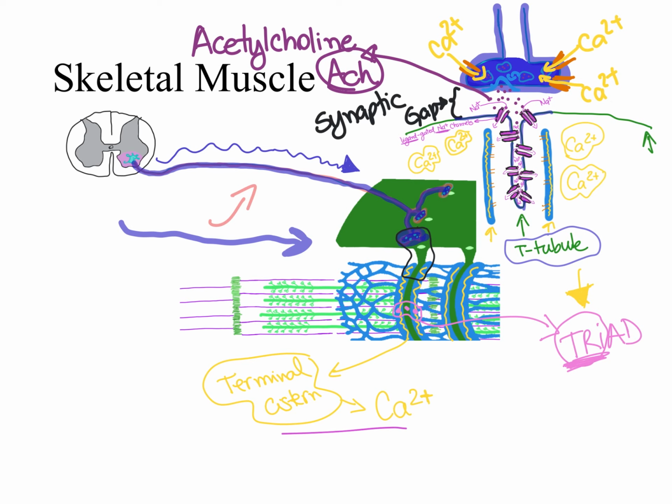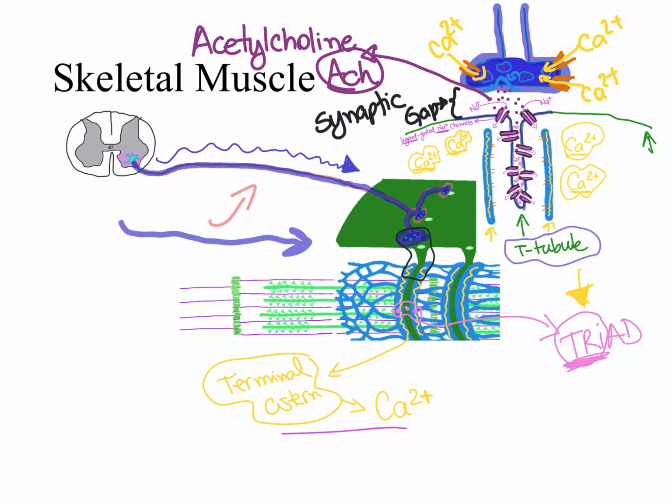And when calcium ions are released into the sarcoplasm, into the cytoplasm of the skeletal muscle cell, these calcium ions bind troponin, which changes conformation. Consequently, it moves tropomyosin out of the myosin binding sites of the actin protein. And now that the myosin binding sites of the actin protein are exposed, myosin can bind it.